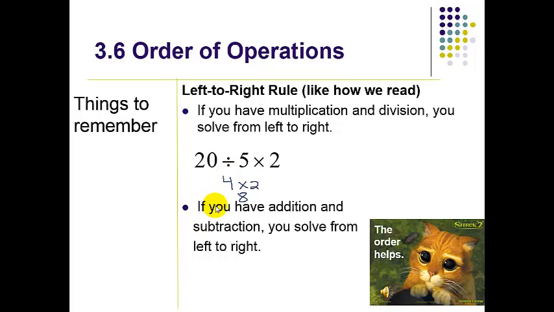And if you have addition and subtraction, you solve it from left to right as well. So this is all I have left: 12 minus 2, which is 10, and 10 plus 5, which is 15.